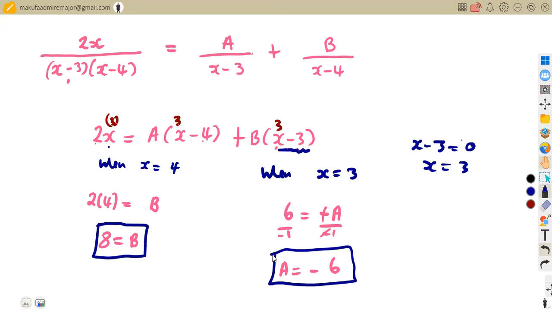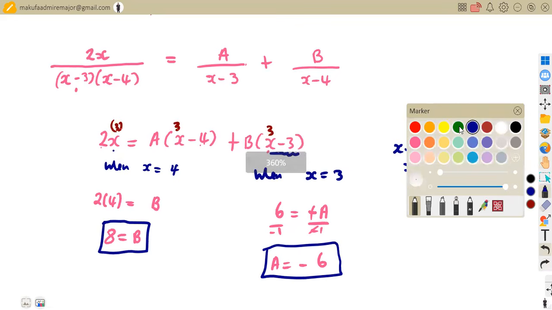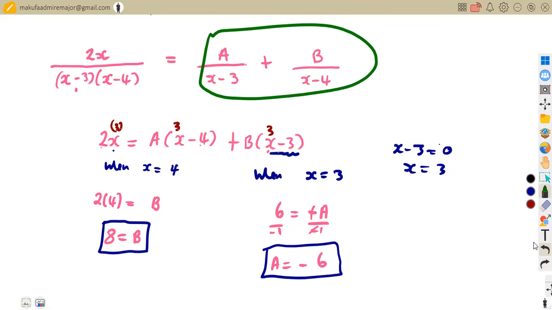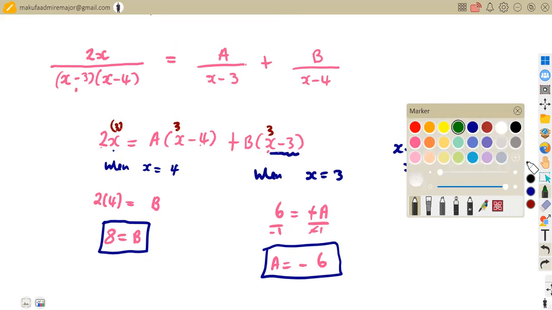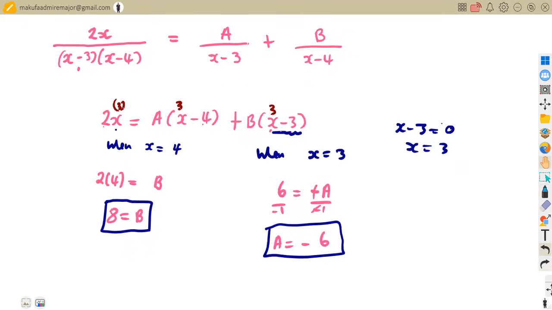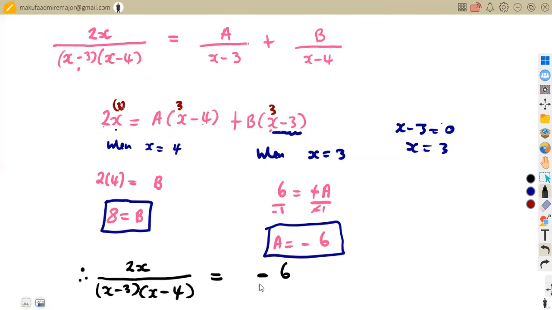All right. With the value of a, and the value of b, we are going to substitute these values back to represent our expression, the one that we have here. So meaning to say, this whole part at the end is going to give us what? Let's conclude: therefore, the expression 2x over x minus 3 into x minus 4 is equal to a over x minus 3, and our a is -6, so it's -6 over x minus 3, plus b over x minus 4, our b being 8.